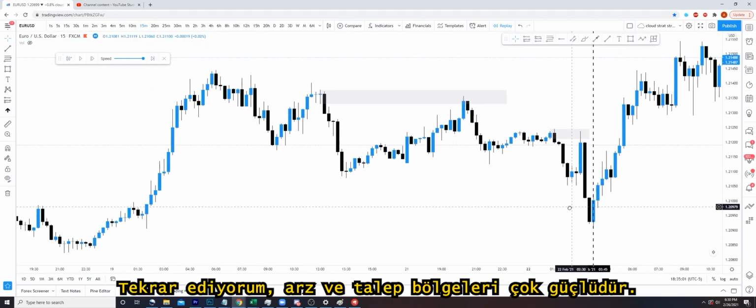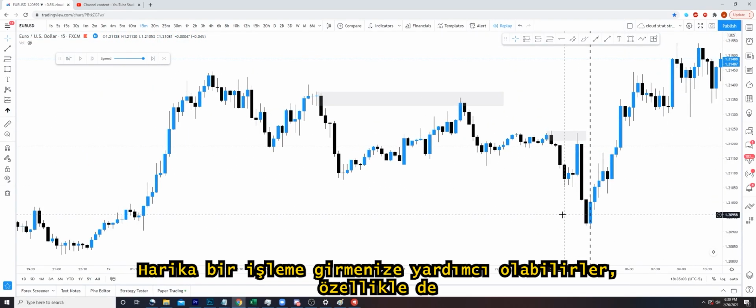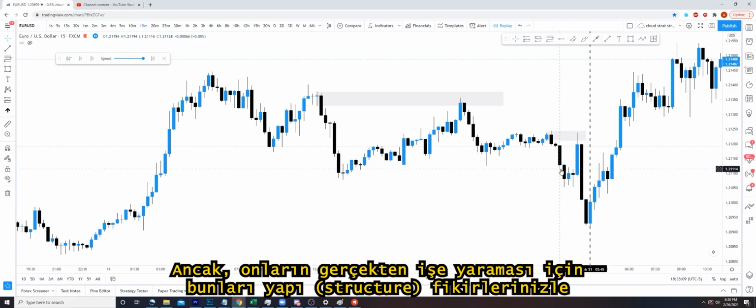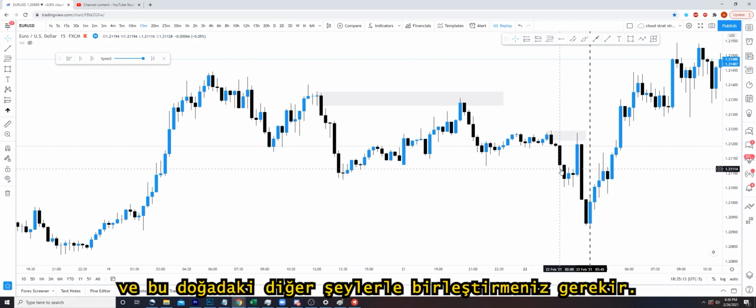Now, again, supply and demand zones are very powerful. They can help you get into an amazing trade, especially when you can get very good RR using stuff like this. However, you need to partner them with your ideas of structure and things of that nature to make them actually do something.